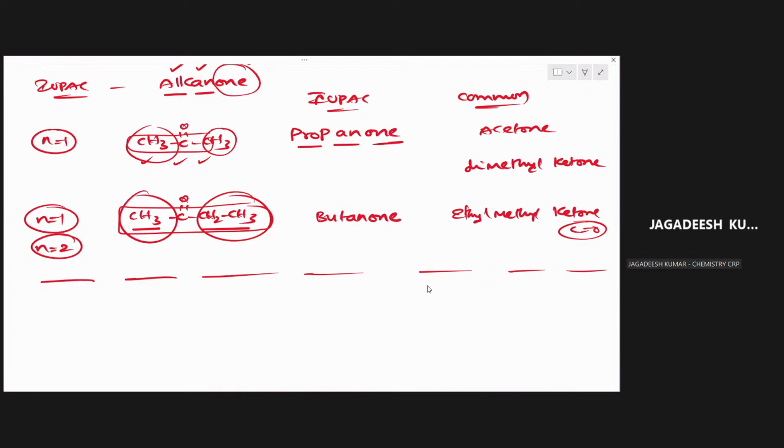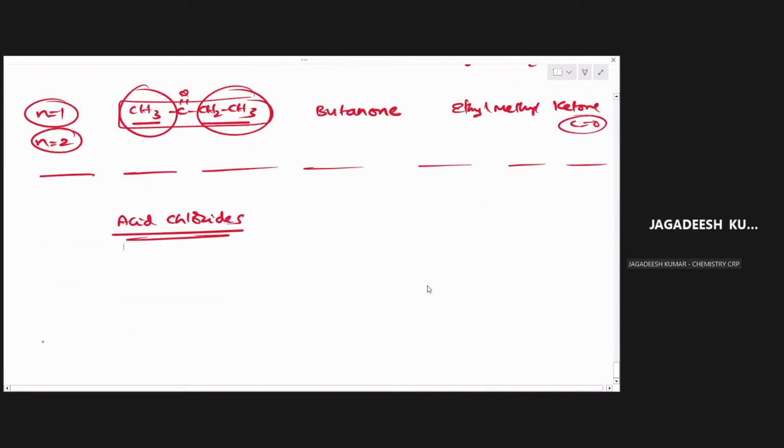And one more functional group here, acid chlorides. Acid chlorides means what is the general formula? Here the general formula is RCOCl. Here R may be either H or any carbons may be present. That means n value 0 also exists.